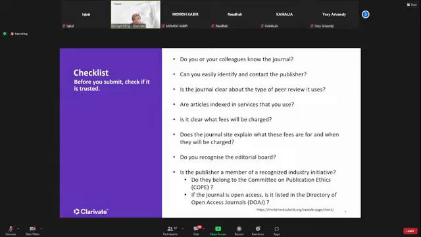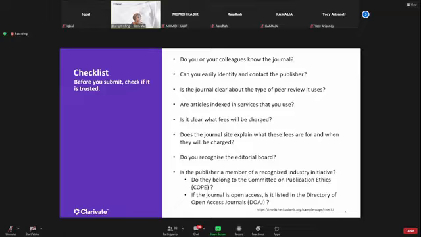Then, is the publisher a member of a recognized industry initiative? For example, the Committee on Publication Ethics, COPE. Or, if it's an open access journal, is it listed in the Directory of Open Access Journals, DOAJ? If you search for these on Google, they have proper websites.